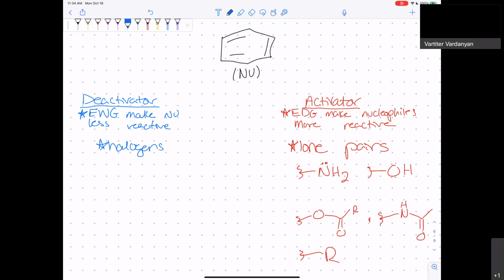That one is kind of okay. I think the one that would be better to use is CBr3 or CF3 or any of the halogens. What else? NO2. What was it that you said? Yes.